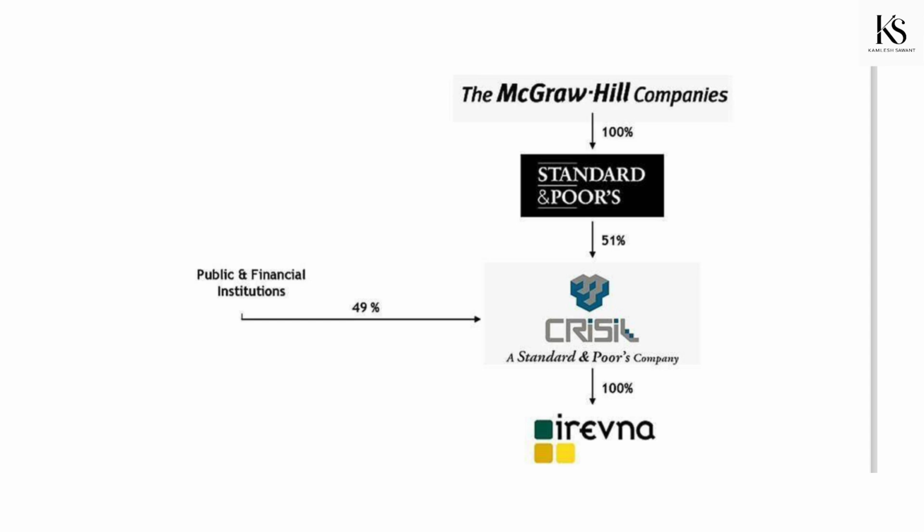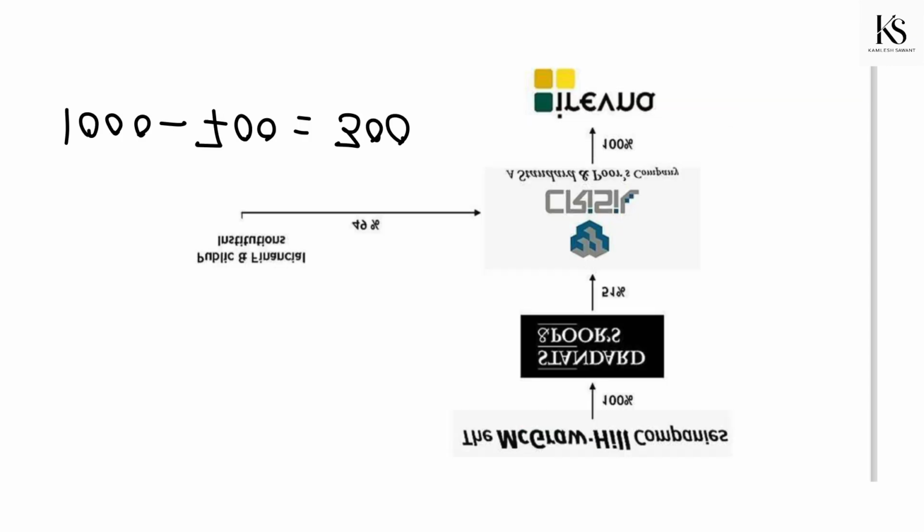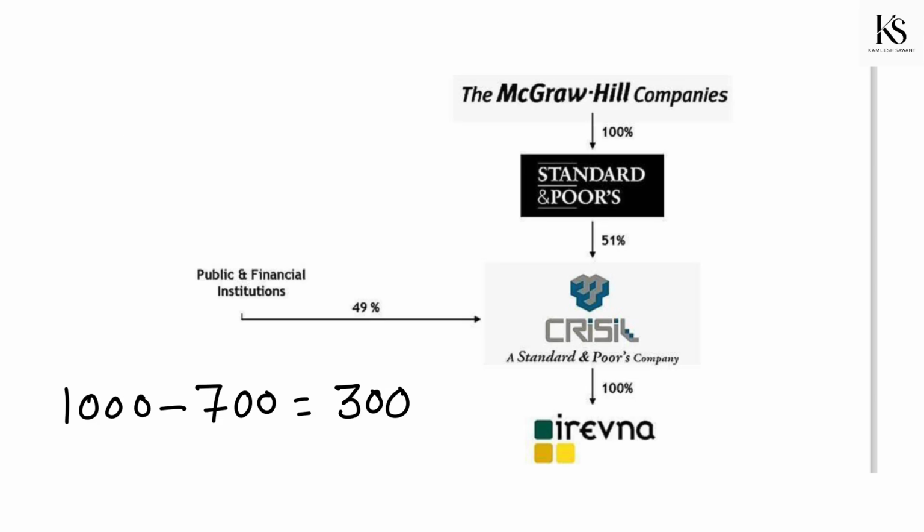Keeping the above in perspective, think about this hypothetical situation. Assume for the financial year 2014, CRISIL makes a loss of 1000 crore rupees and Irevna, its 100% subsidiary, makes a profit of 700 crore rupees. Well, this is quite simple.